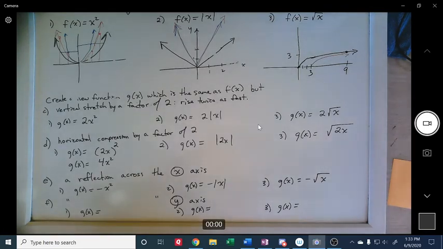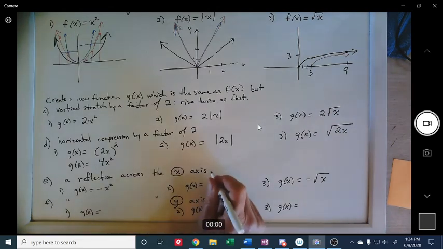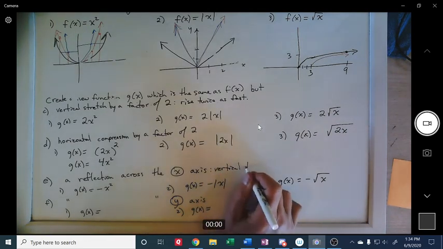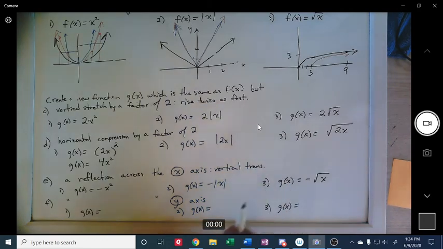Alright, so when we reflected across the x-axis, that's actually considered a vertical transformation. The heights are changing.